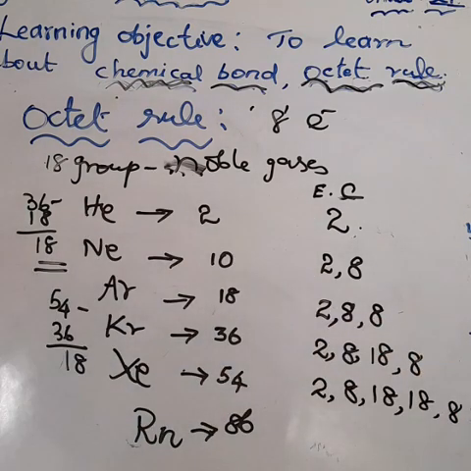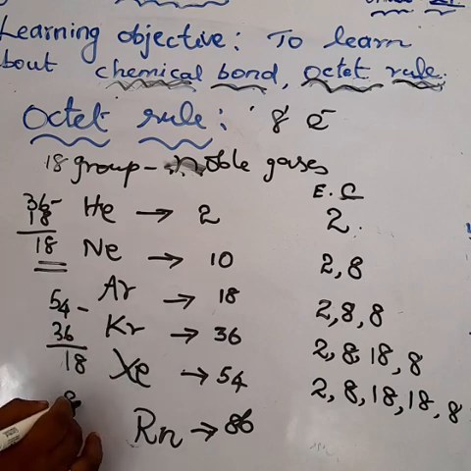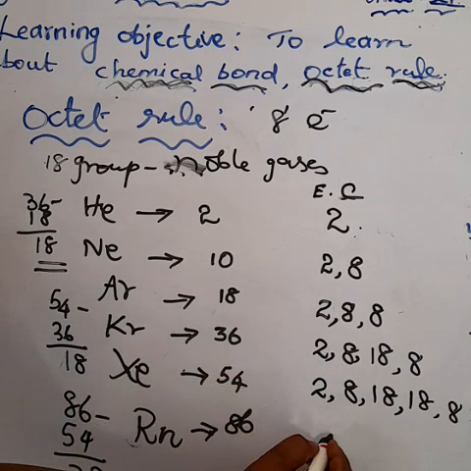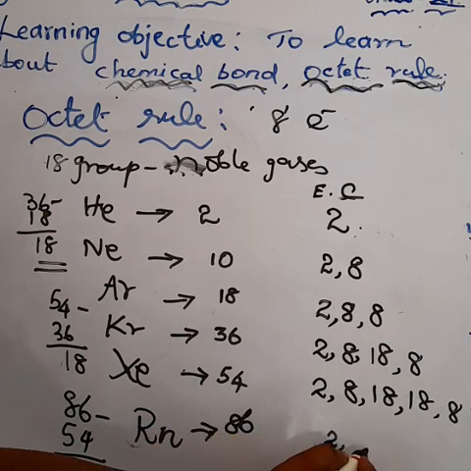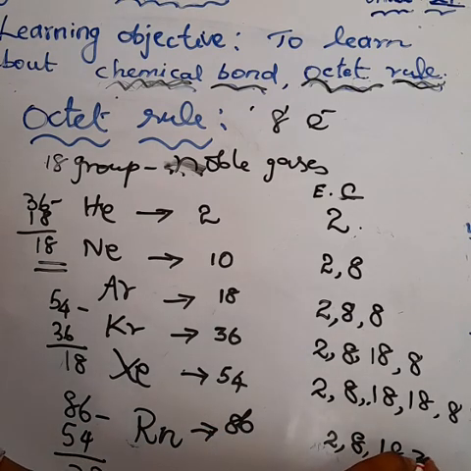Understood? And then radon, atomic number 86. Remaining from xenon, 86 minus 54, we get 32. The first orbit has 2 electrons, the second 8, the third 18, the fourth 32, and then 18, and finally 8.